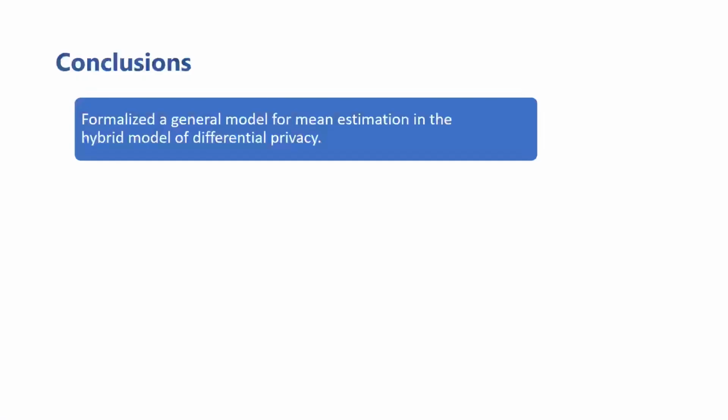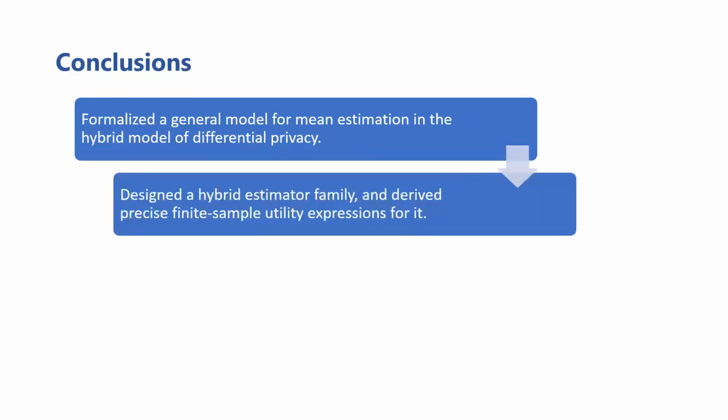We've covered a lot of ground at this point, so to begin to summarize, we formalized a fairly general statistical model for mean estimation within the hybrid model of differential privacy. We designed the family of hybrid estimators for computing the joint mean of both classic trust models users. And within that family, we are able to derive exact, finite sample utility expressions in order to precisely compare against baseline estimators in either of the classic trust models.